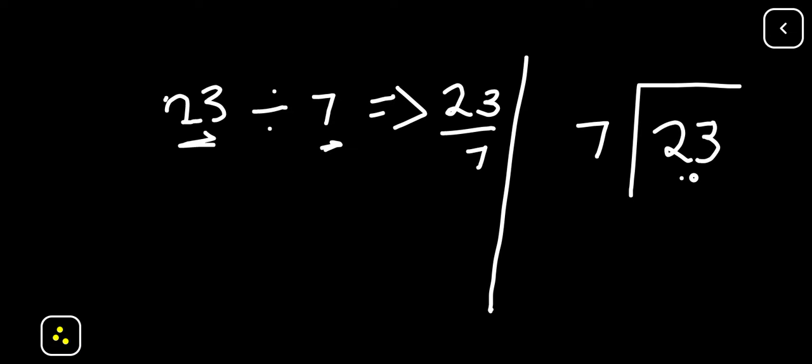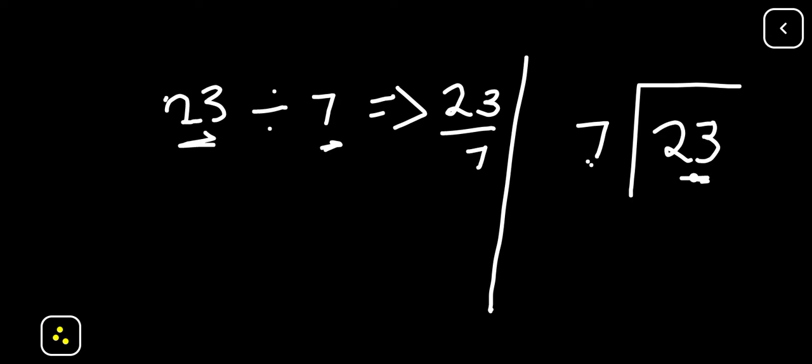This is 23, this is 7. How many times can 7 go into 23? Based on your knowledge of multiplication or multiples of 7, you'll be able to know the answer. But if you do not know, maybe you have to just think about it.